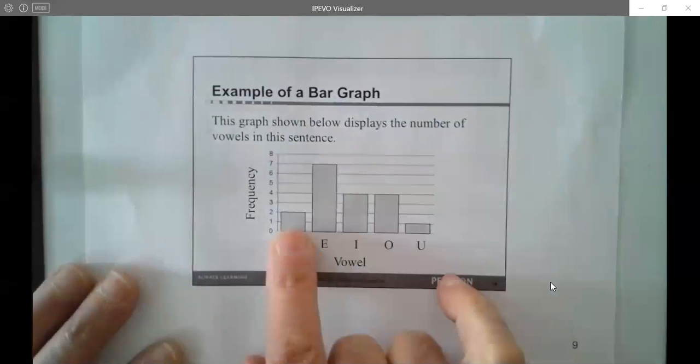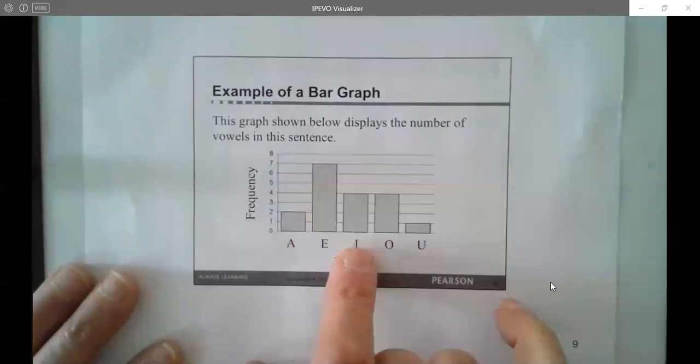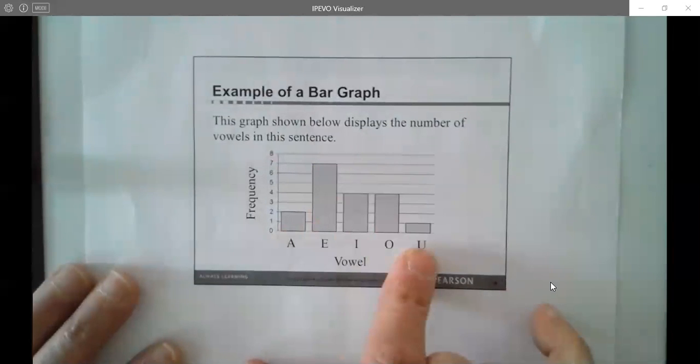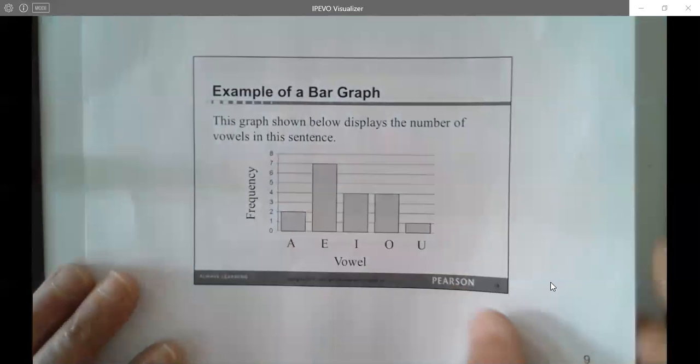One sentence had 2 A's, another had 7 E's, the next had 4 I's and 4 O's, and only 1 U. So you can see which vowel is used the most. All right, questions there?